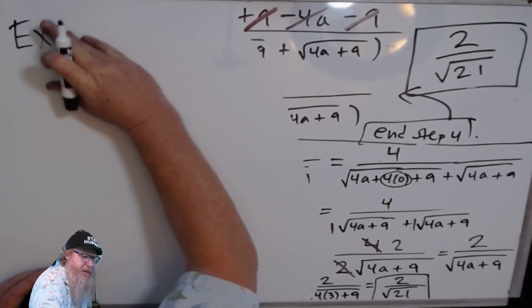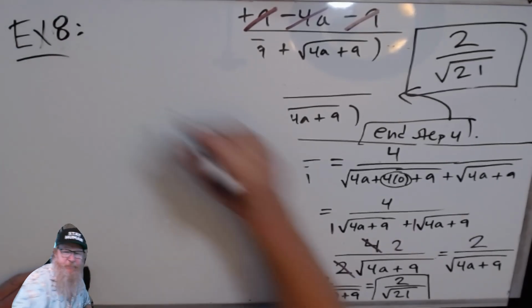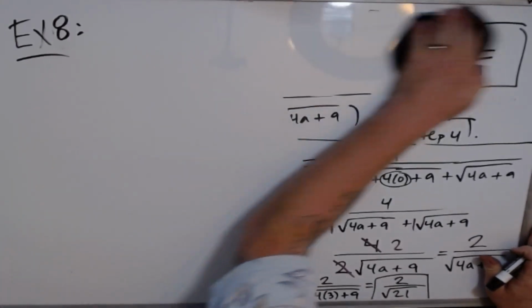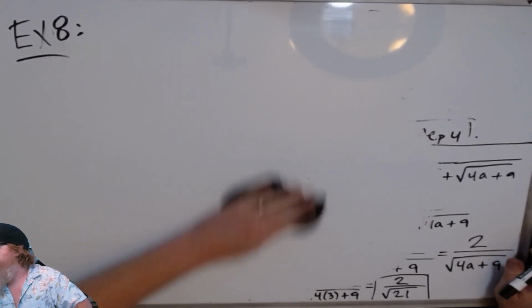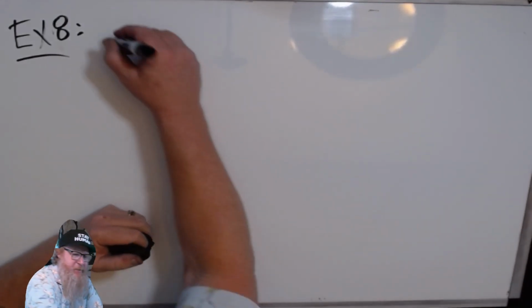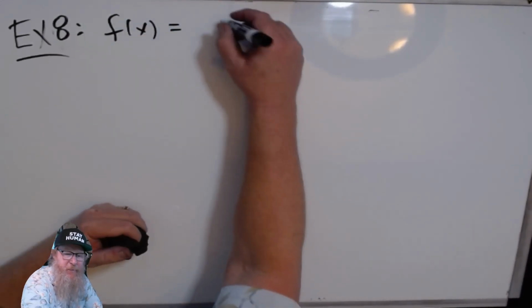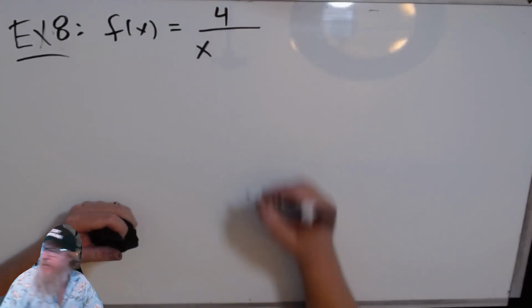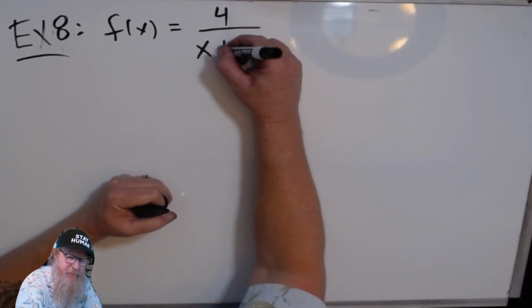What am I up to? Example 8? All right, so let's do 4 over x plus 5.